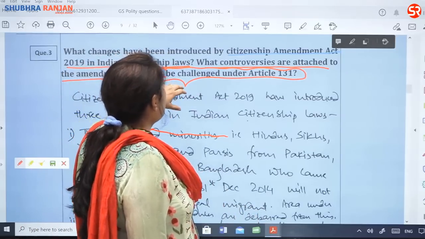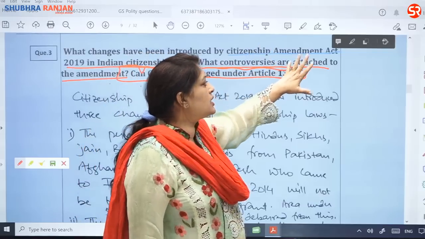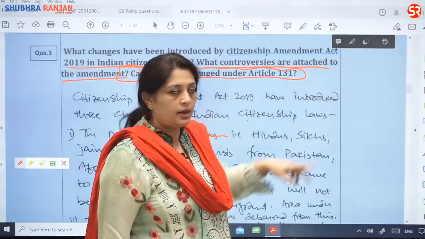What changes have been introduced by the Citizenship Amendment Act? Fine.